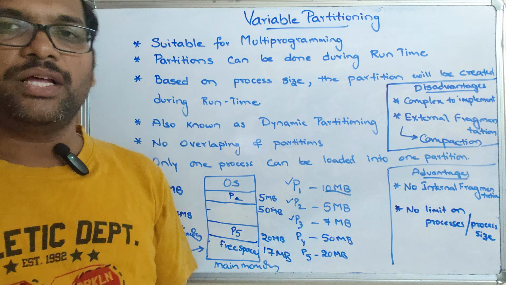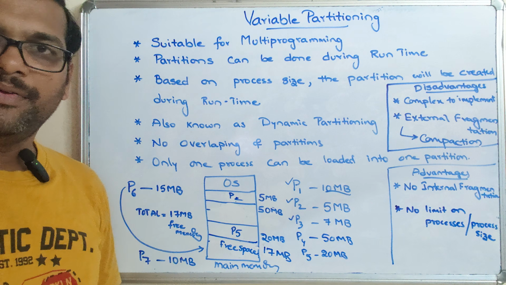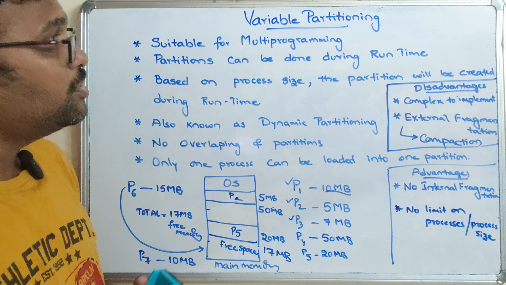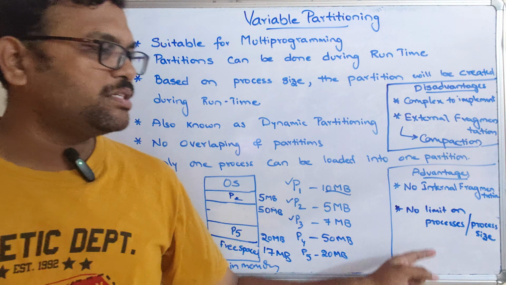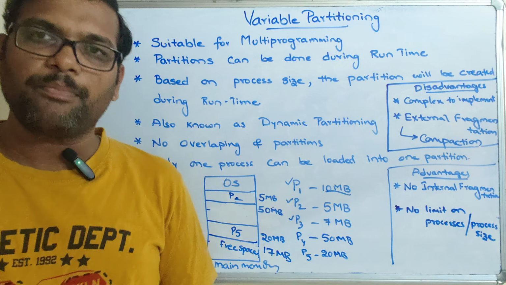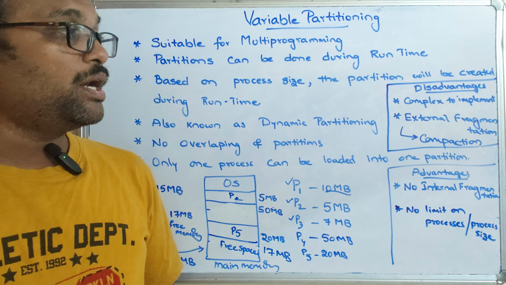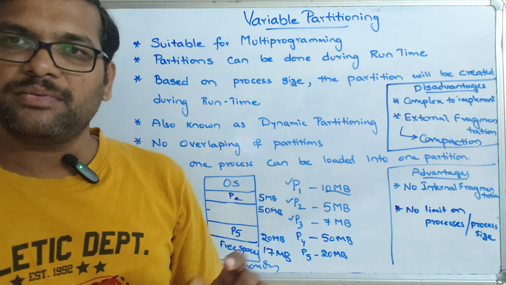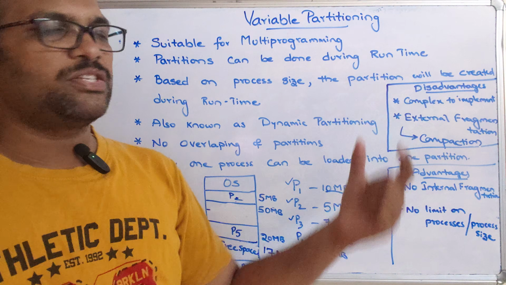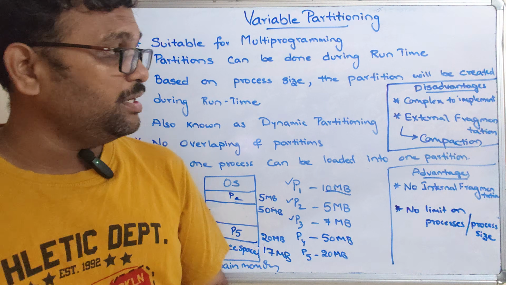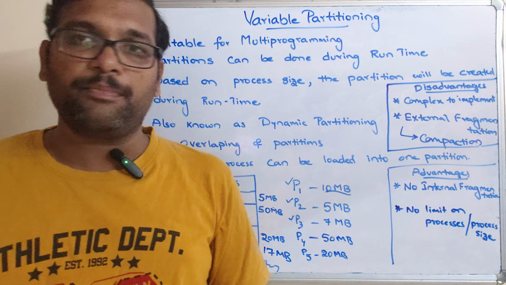If not, then it will go with compaction. So this is called variable partitioning. Advantages: no internal fragmentation and no limit on the process size. Disadvantages: it is complex, because during runtime it has to create the partitions, so somewhat complex compared to fixed partitioning, and another one is external fragmentation.